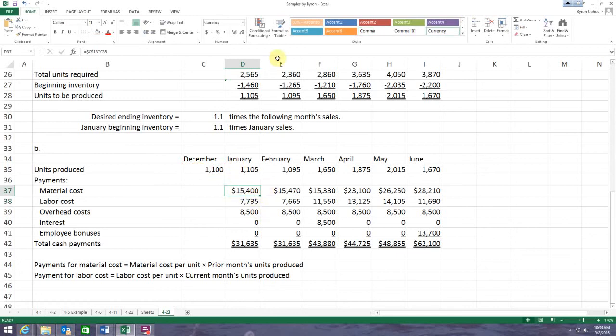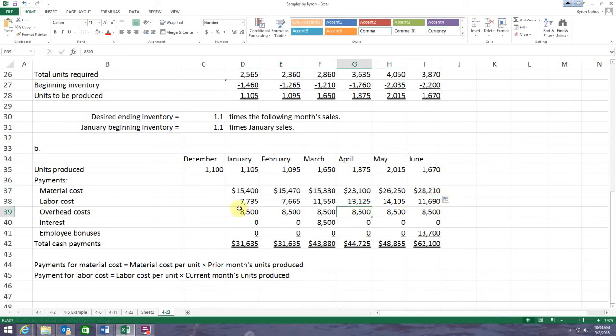And I didn't need to necessarily reference the $14. You could have just put the $14 into that formula as opposed to referencing that one. And then this reference is going to stay the same. $14 times this is going to equal that one. And so again, I can just drag this across.